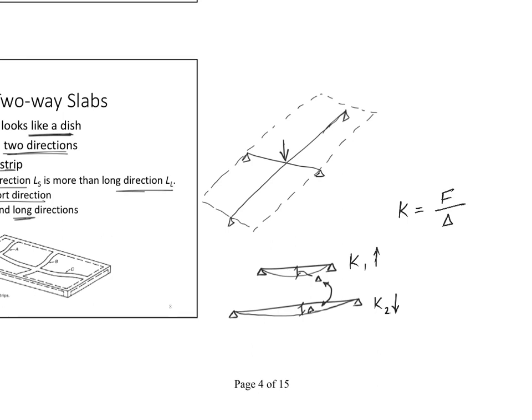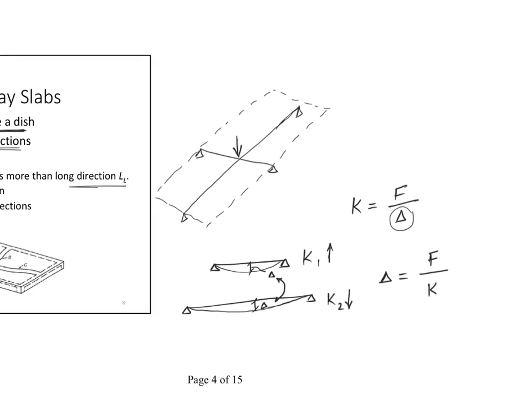And then if we put this on one side, so delta equals F over K, right? In this case, I would put the two F's and the two K's to equate them. So I have F over K. That means F1 over K1 equals F2 over K2, right?